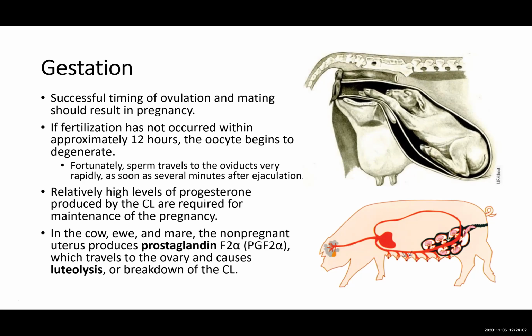Again, progesterone is dominating during pregnancy, and without that progesterone, the animal would abort. So the animal needs these high levels of progesterone to be able to maintain that pregnancy. If the animal's not pregnant, again, this is just stating that prostaglandin F2 alpha will be signaled by the uterus to regress the corpus luteum.